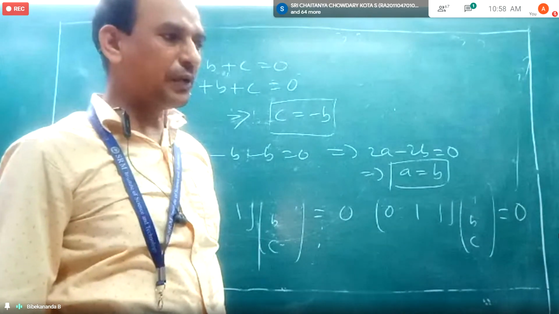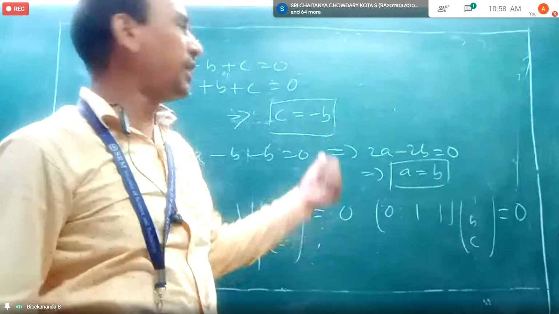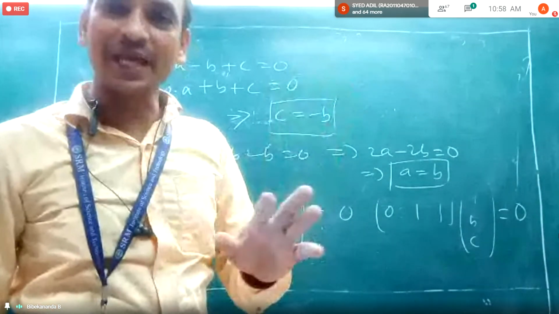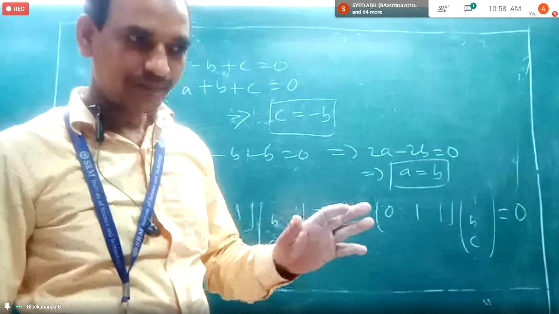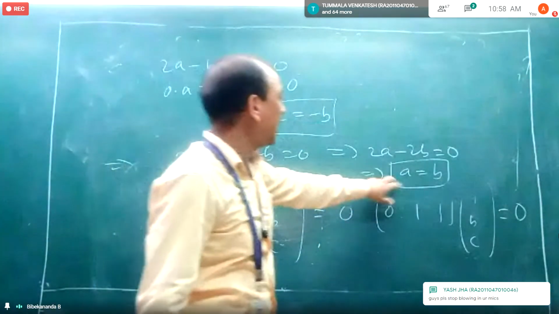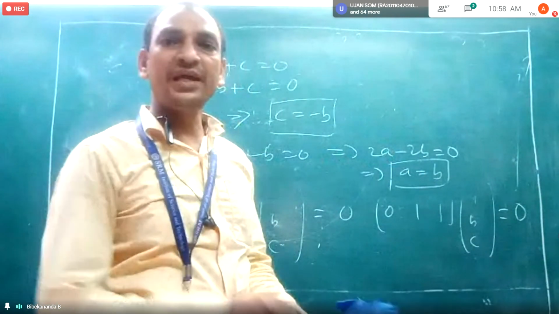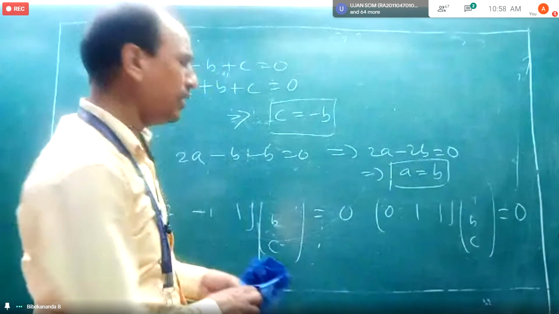Which one is the free variable? b. Are you getting what I am saying? Yes, sir. Okay. So here c equal to minus b, here a equal to b. So b is the free variable.